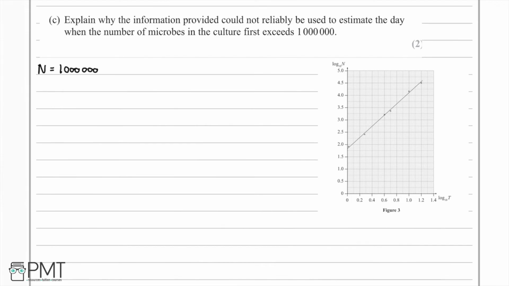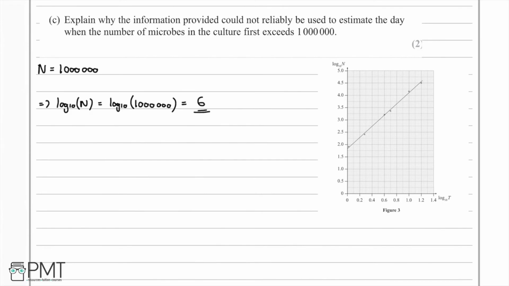And then what we can do is we can work out log 10 of N. So we'll do this by taking log 10 of both sides. So therefore log 10 of N is going to be equal to log 10 of 1 million. And put this into our calculator, we then have that log 10 of 1 million is going to equal 6.